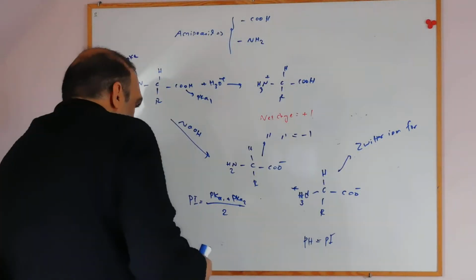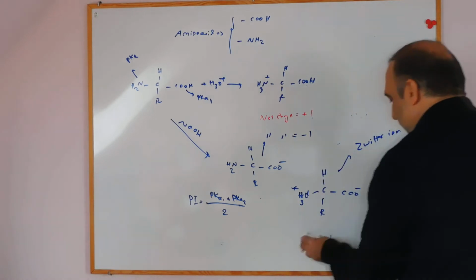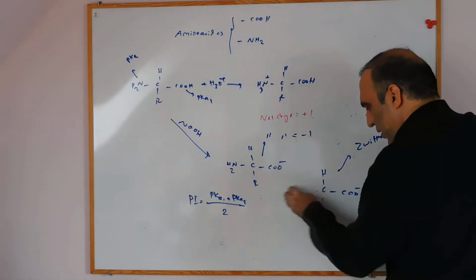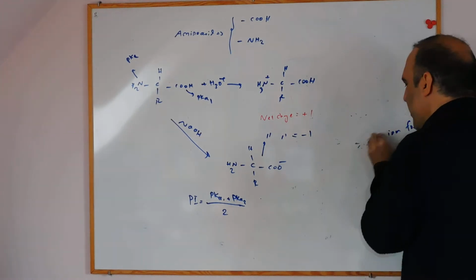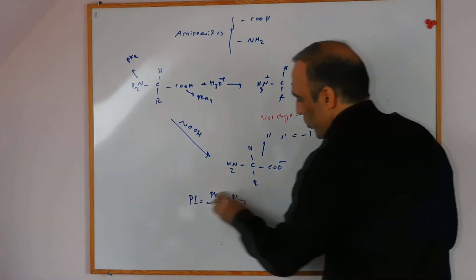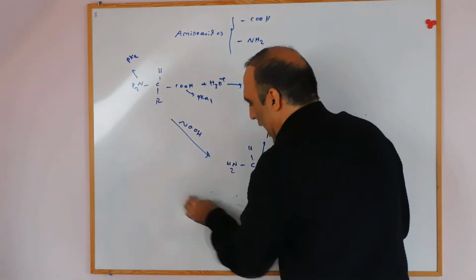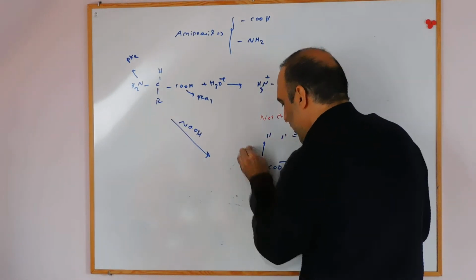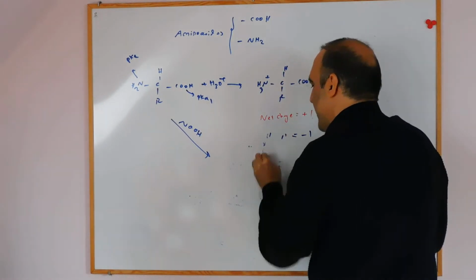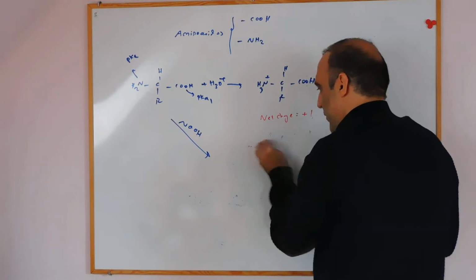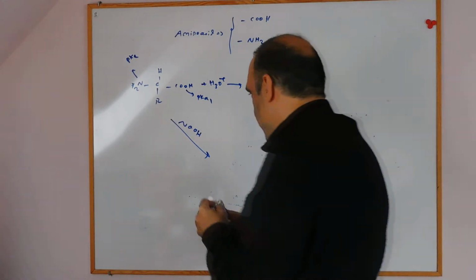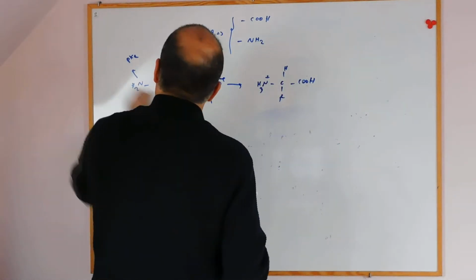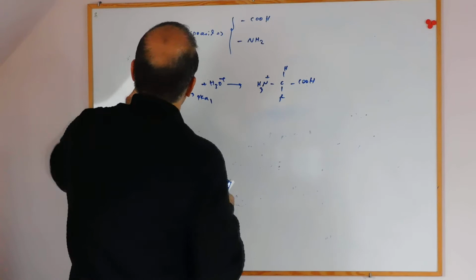Now I continue with the classification of amino acids. As you know, the classification of amino acids depends on the R group. Because of the R group, we can classify them and we can calculate the property of our amino acid.